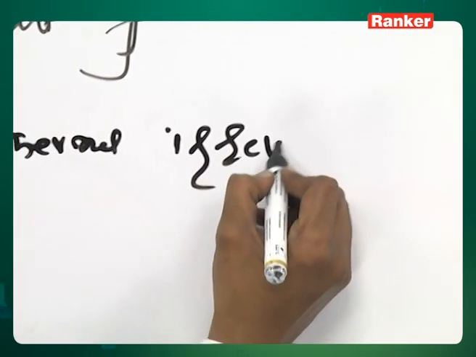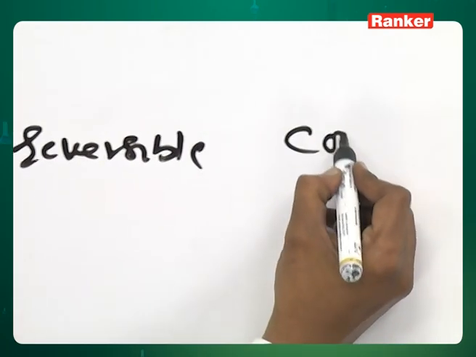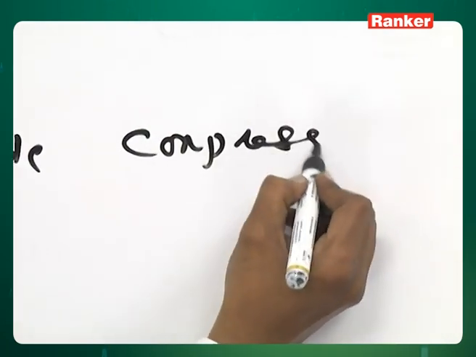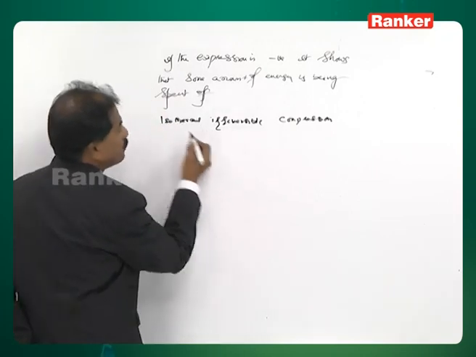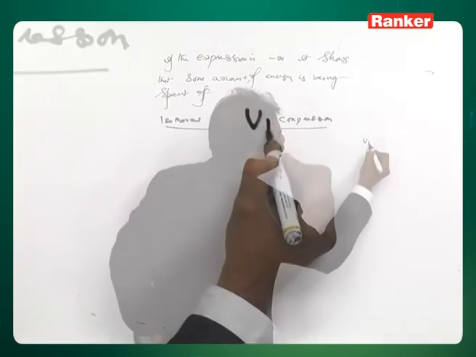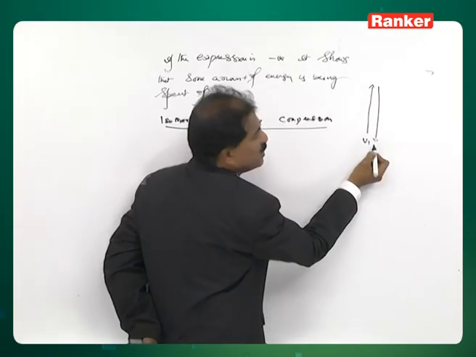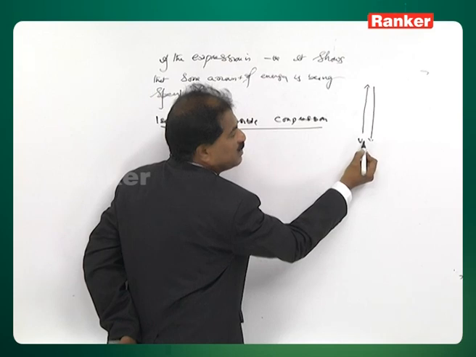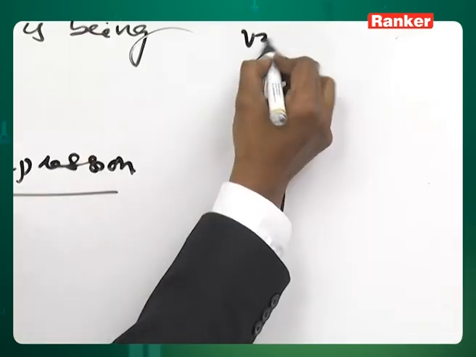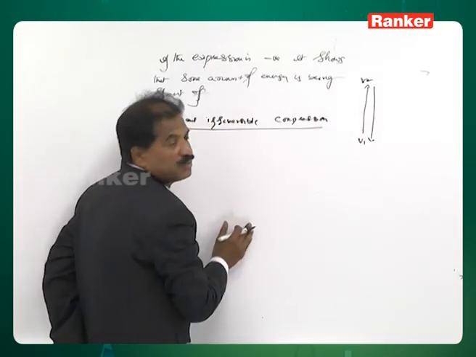Irreversible isothermal irreversible compression. That means in the isothermal irreversible compression, the gas is coming back to its original position. In the expansion, the gas has undergone expansion from V1 to V2. After reaching V2, again the gas is coming back to V1.